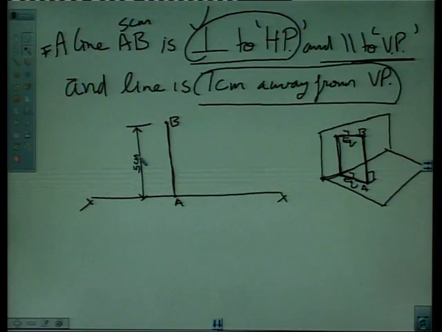Now for drawing plan, we have to look downward, and if we look downward from this point, it will be just a dot, straight down.